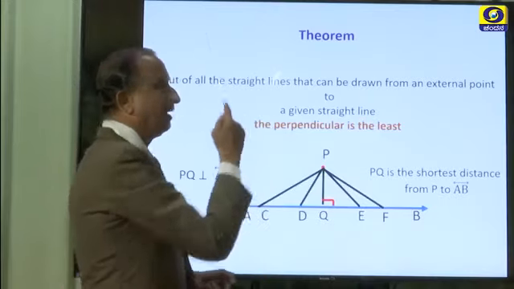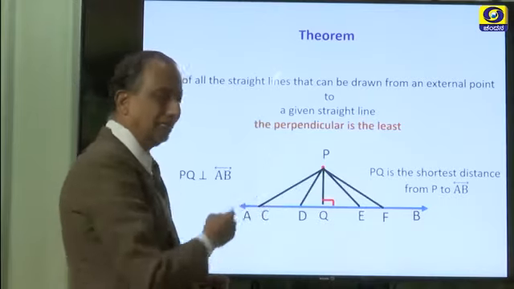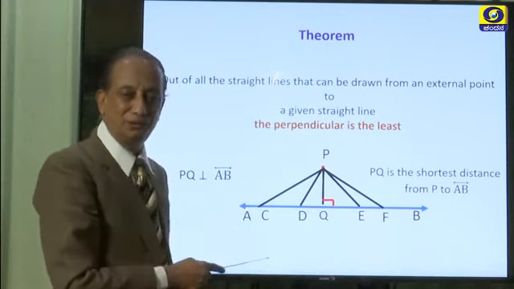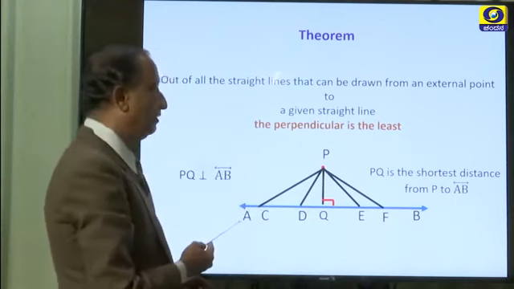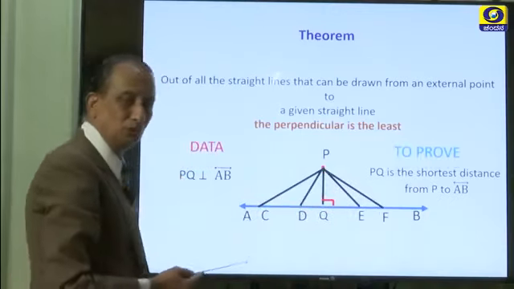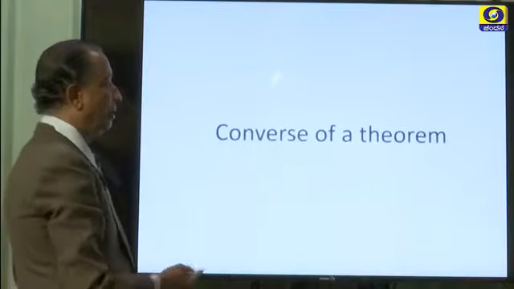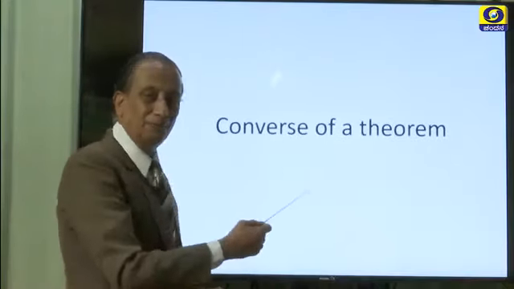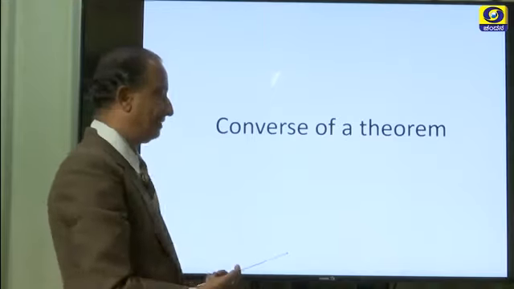Now, we need the help of not this particular theorem, but its converse, which we are going to use in proving the previous one. So, this is the data portion, this is the to-prove portion. Now, we have to understand the converse of the theorem we have just stated.